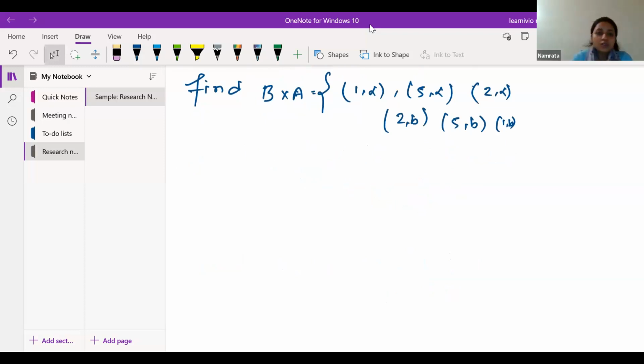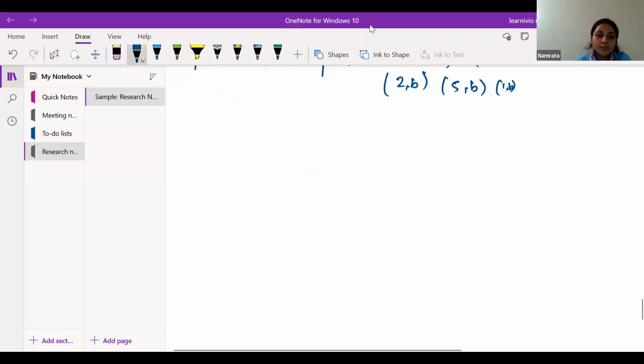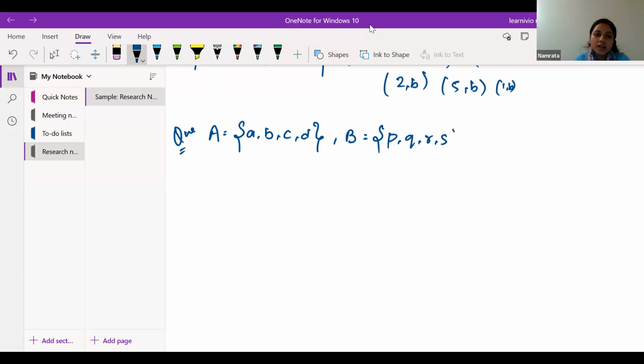Okay. So one MCQ question. Suppose A is ABCD and B is PQRS. And the options are, I am telling you what the instruction is there.